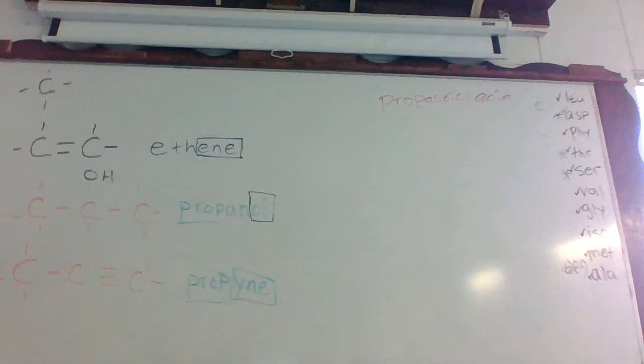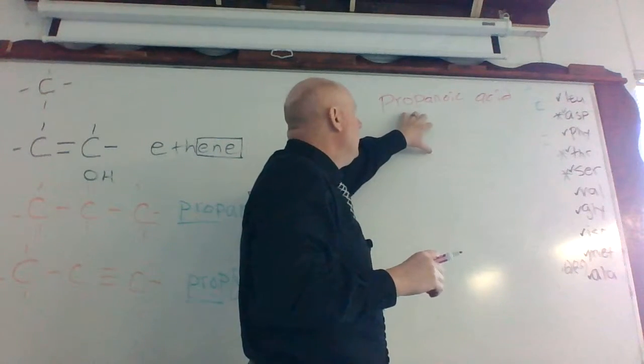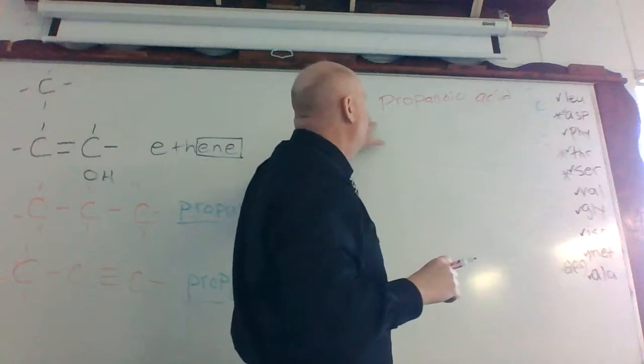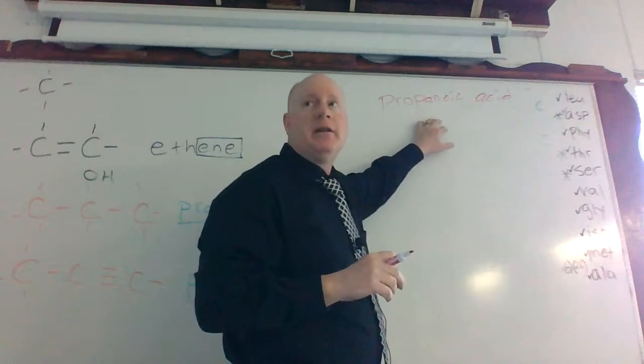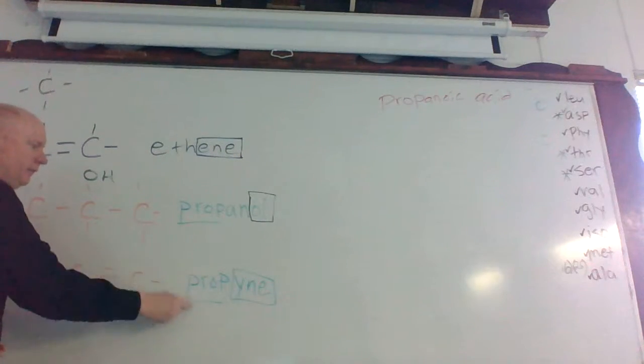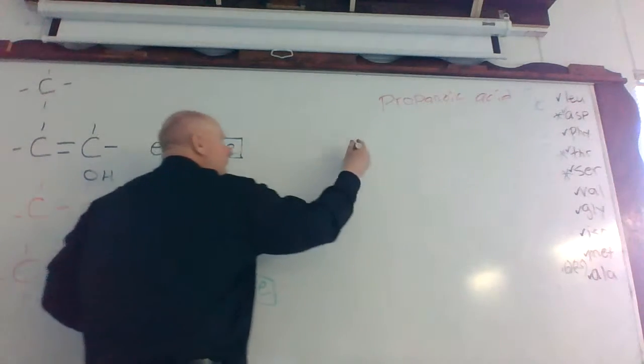What knowledge have you learned so far that you can tell me about this? It's an organic acid, but what can you tell me? Two things about this word right here. In other words, look at your pattern here. 3 carbons.